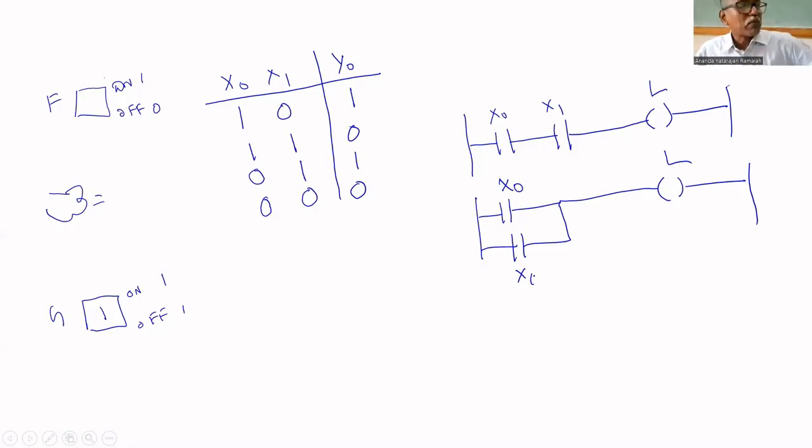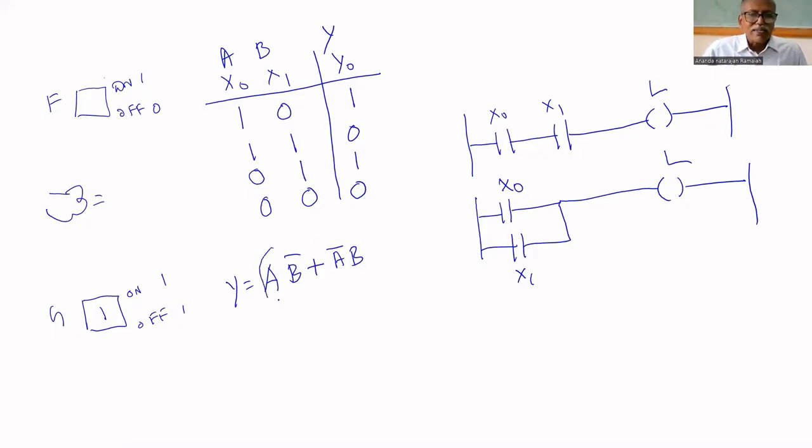You have to write a program for XOR logic. What is the expression for XOR logic? Let us assume the two inputs are A and B, and the output is Y. The logic is A B bar plus A bar B, that is equal to Y. If you know the logic for the XOR gate, then you can easily write the program.